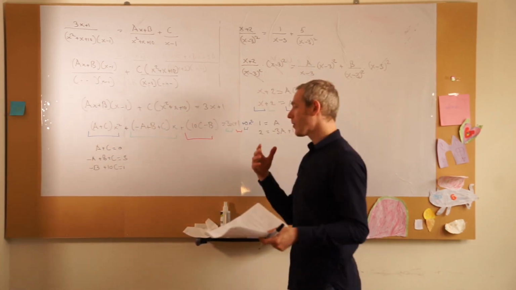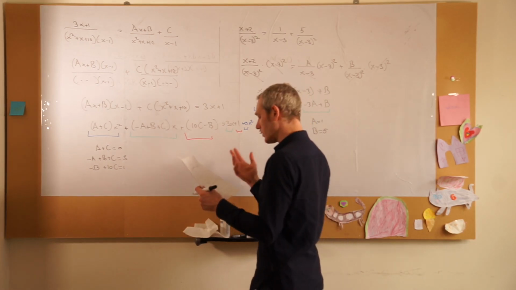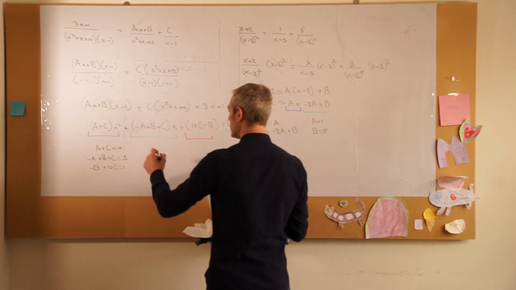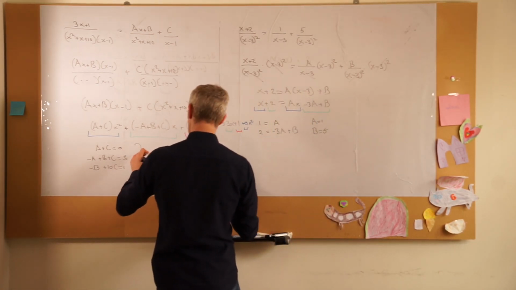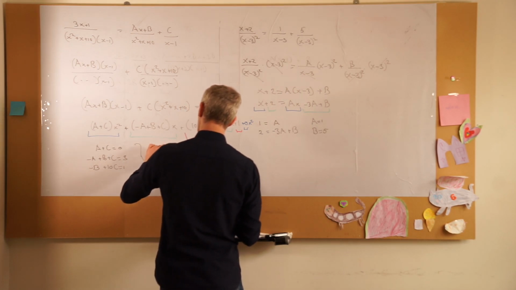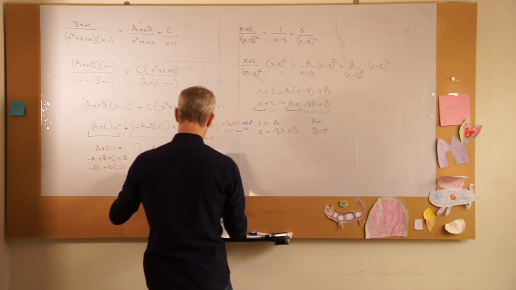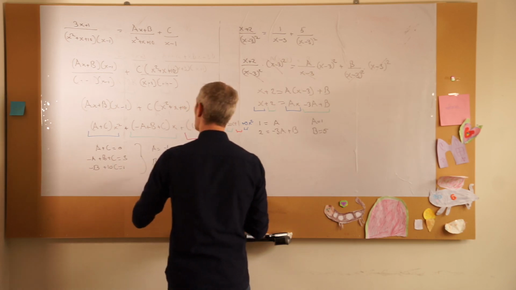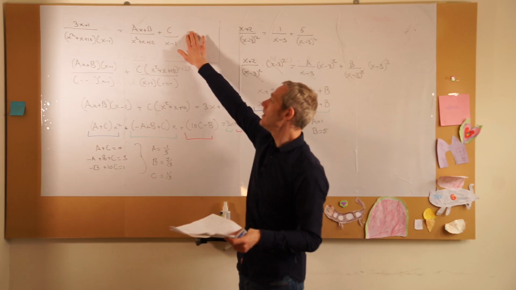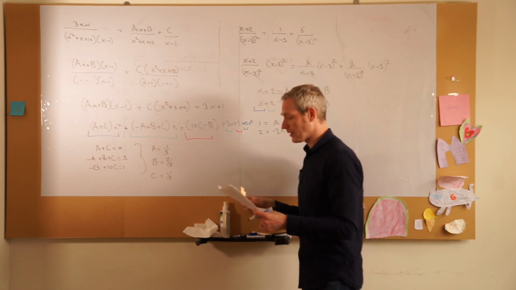And so we have three equations, three unknowns, and if we solve this, we can do this through substitution or any other method, we find that a is -1/3, b is 7/3, and c is 1/3. And we can put these in there and we will have our partial fraction expansion.